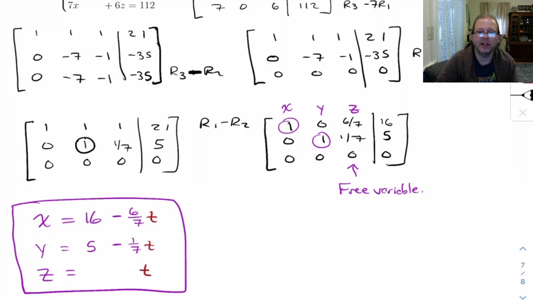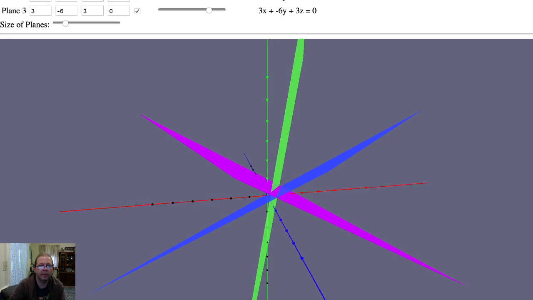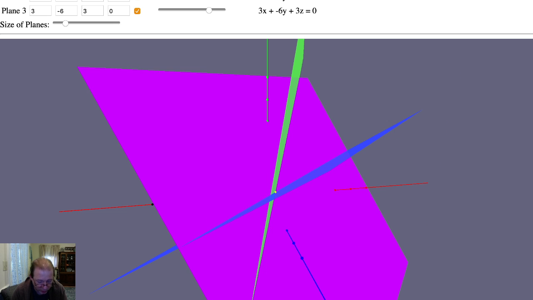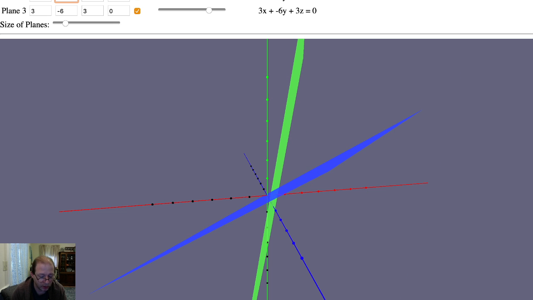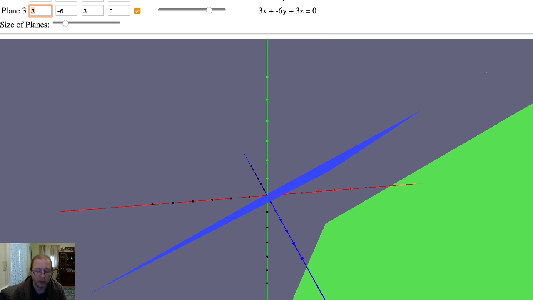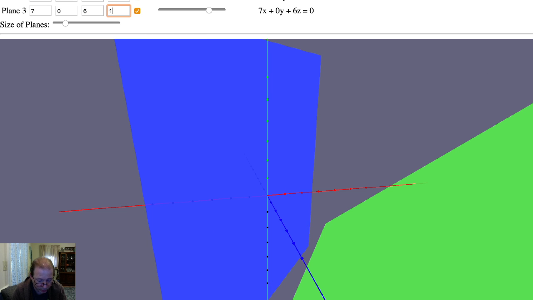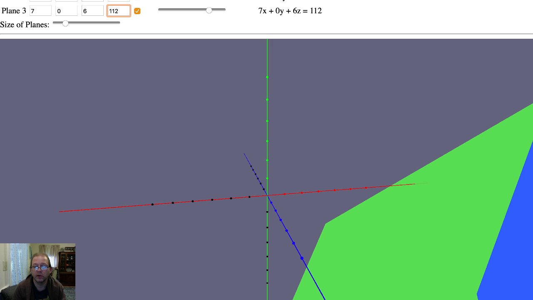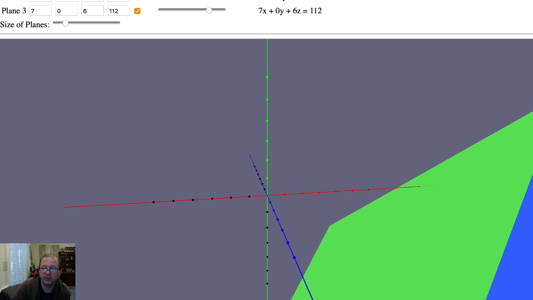Let's graph that and see what it looks like. I'm going to go back to my plane graphing tool. The original three planes were 1, 1, 1, 21. Then 3, negative 4, 2, 28. Then 7, 0, 6, 112. So let's see if we can see.